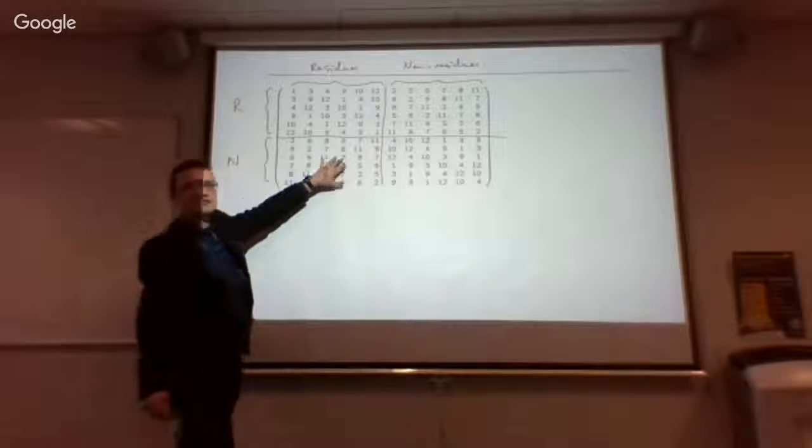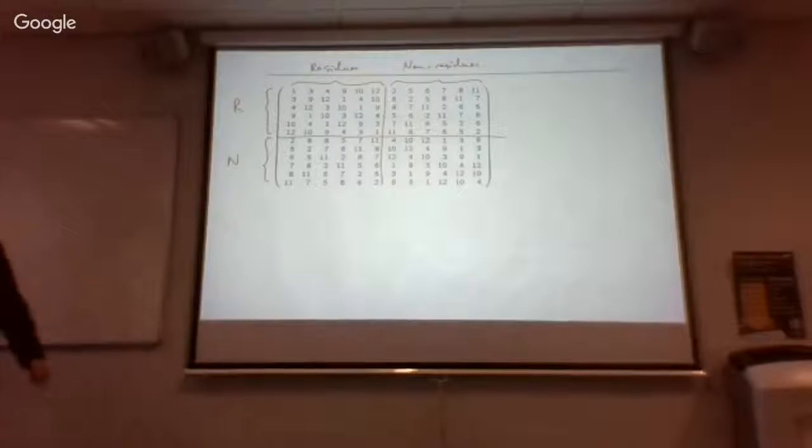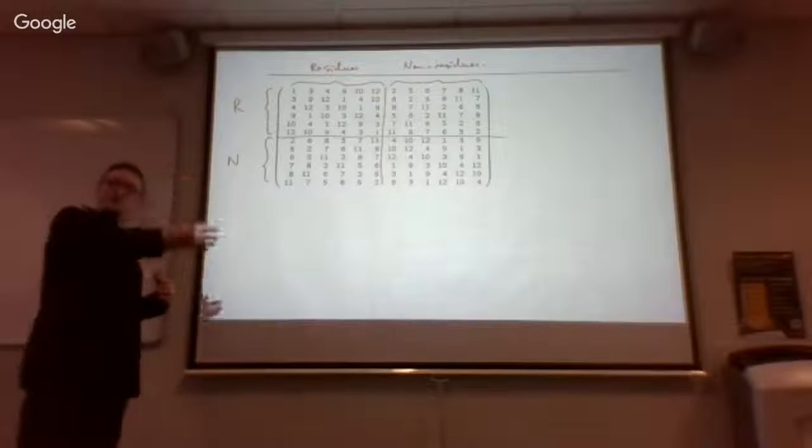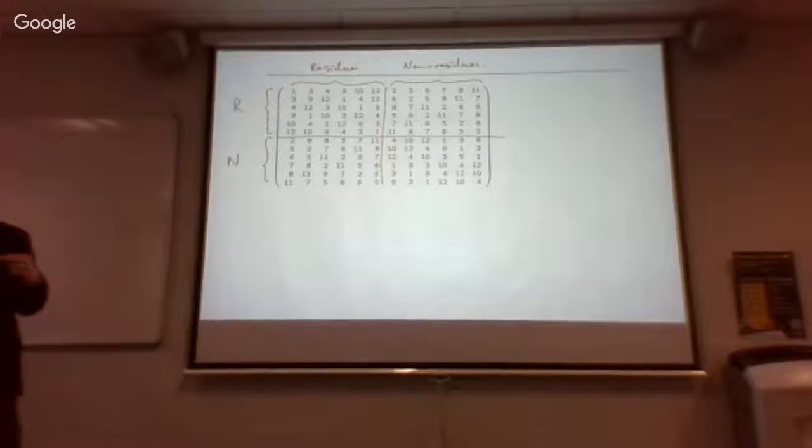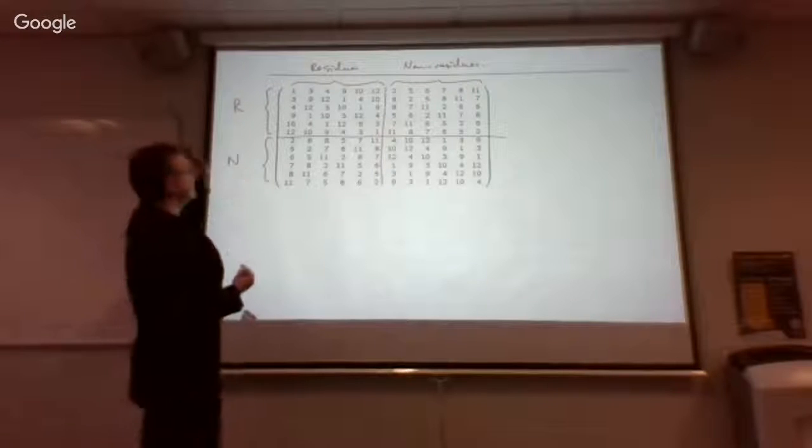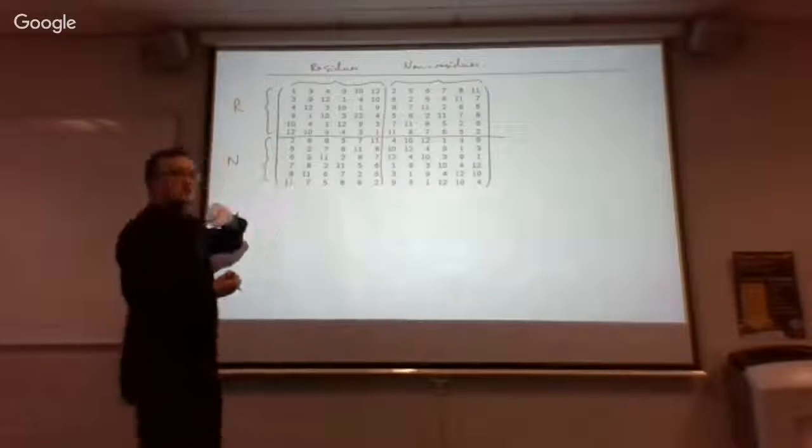Those are all the non-residues. So we're starting to see something. When you multiply a residue by a residue, you get a residue. When you multiply a non-residue by a non-residue, you get a residue. But when you mix them, when you multiply a non-residue by a residue, you get a non-residue.